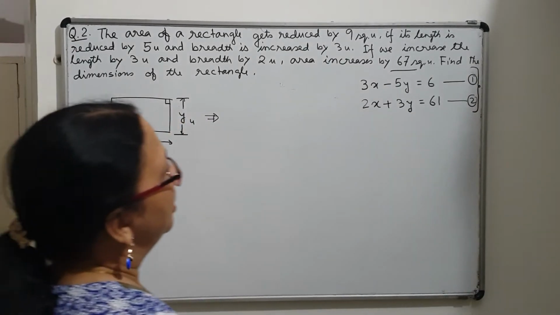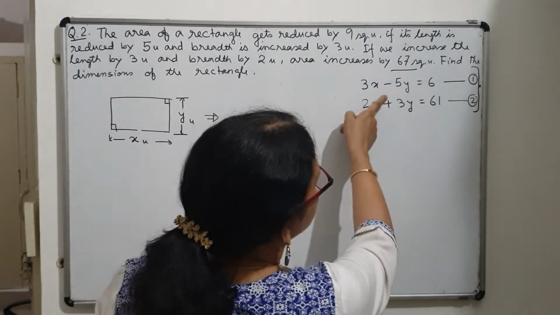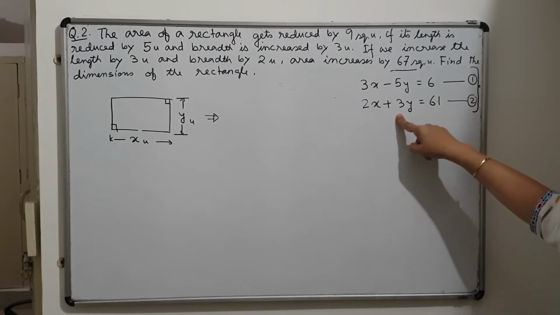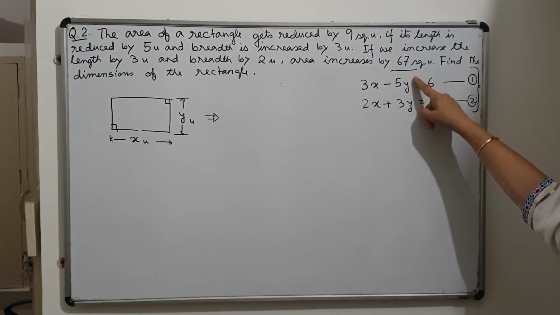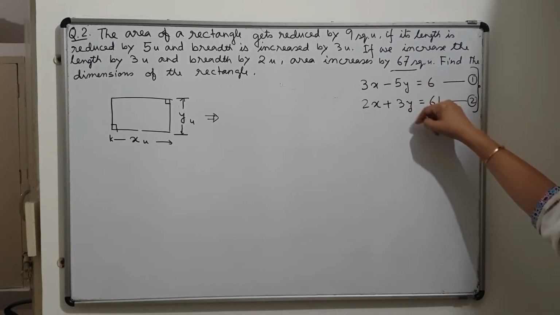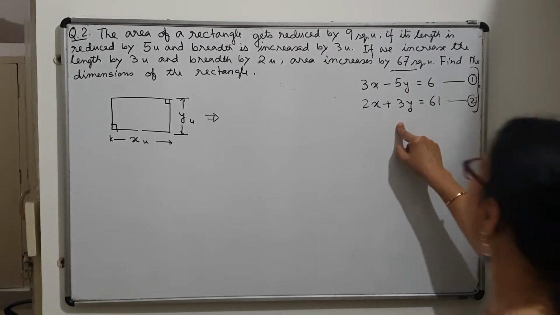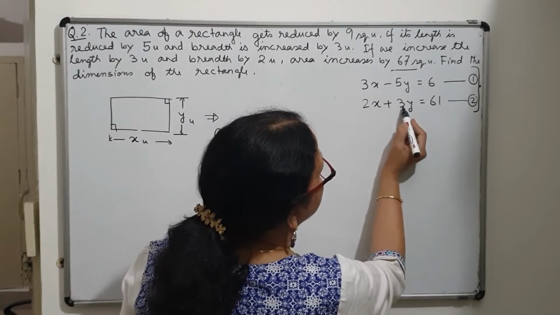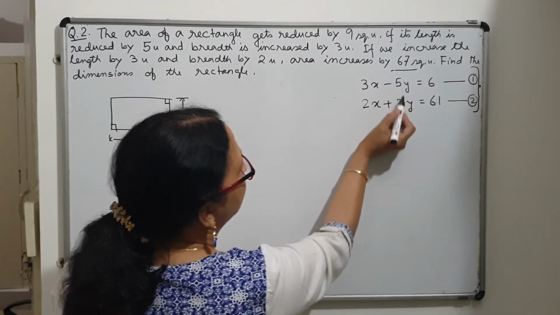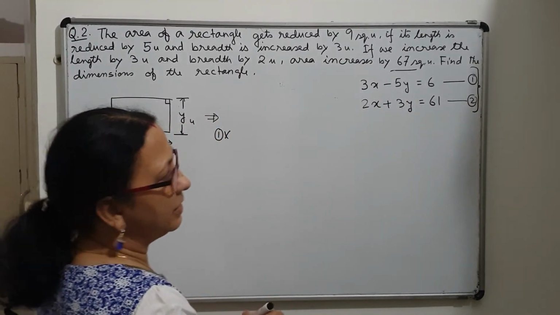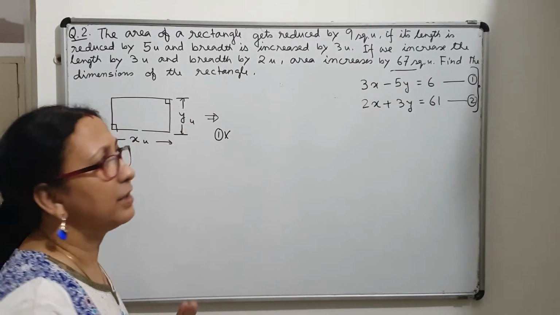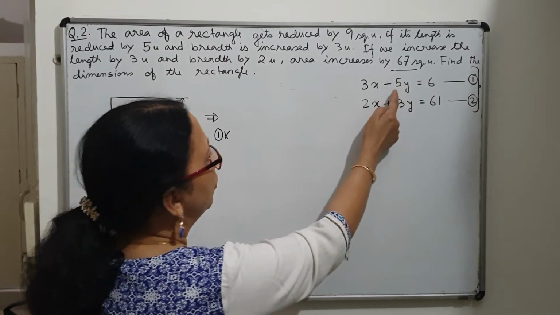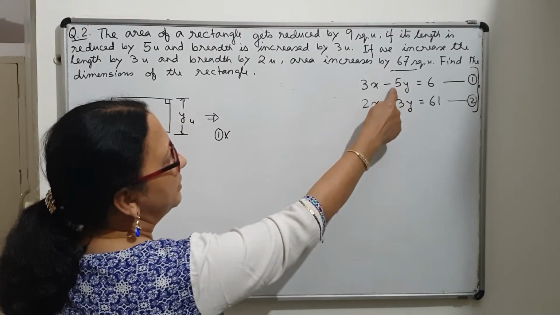I have to make the coefficients of y the same. I'll multiply equation 1 by 3, because the LCM of 5 and 3 is 15. The numerical value of the coefficient has to be 15, so for getting 15 here, I have to multiply it by 3.